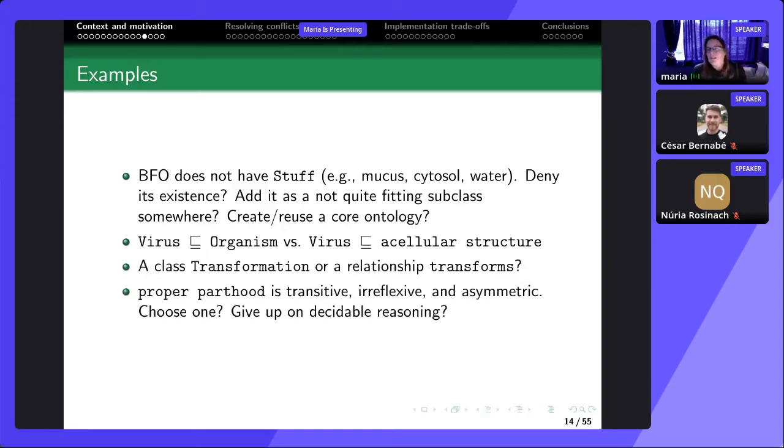Also, even if you do know what you want to represent, it may still be a question of how you are going to encode it. We know, for instance, that a caterpillar transforms into a chrysalis, which transforms into a butterfly. But are we going to represent that through a class transformation? Or are we going to link those three entities through a relationship transforms?